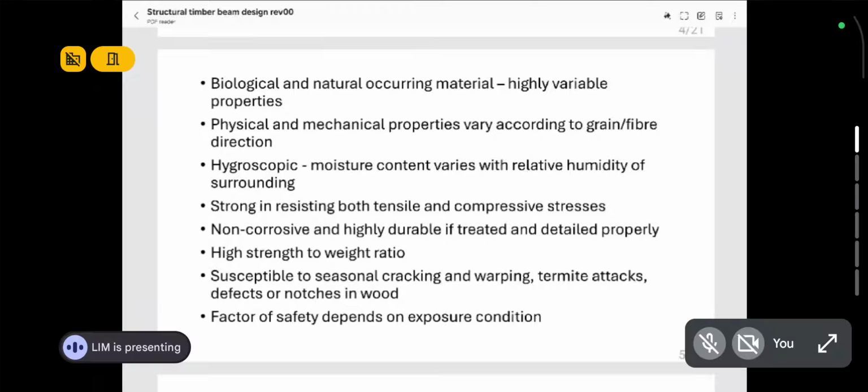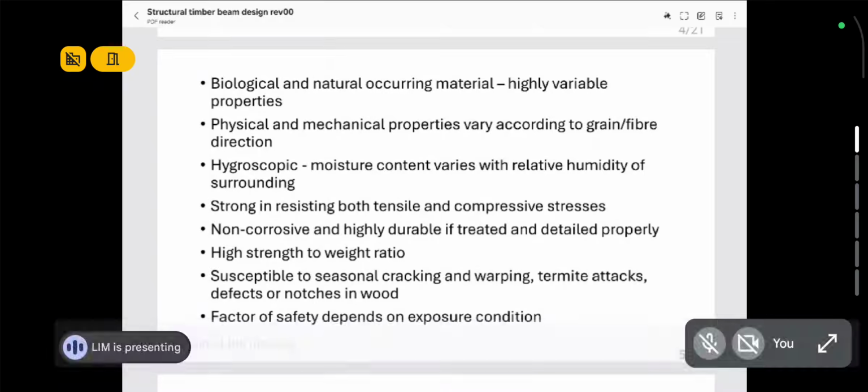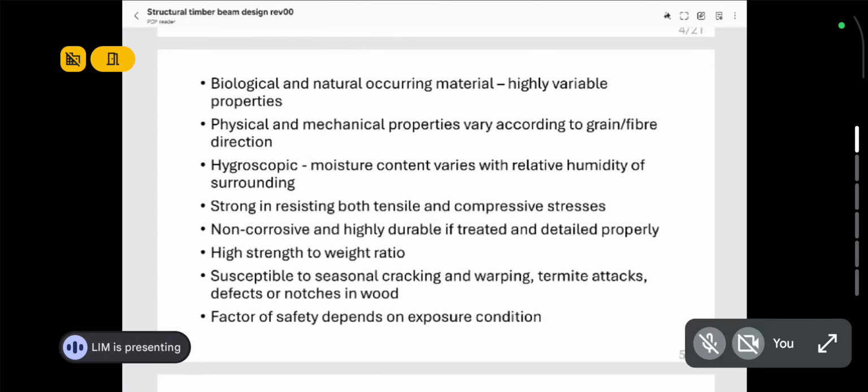Now, timber is strong in resisting both tensile and compressive stresses. It doesn't corrode, obviously, and it can last a long time if you treat it properly. The thing with timber is you cannot use it straight away.